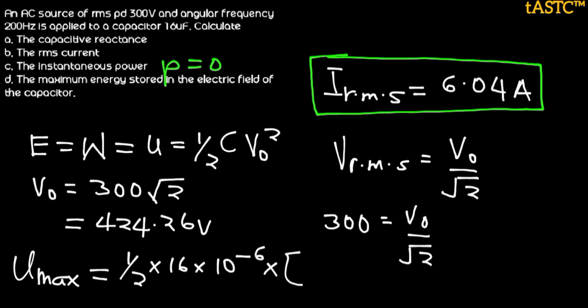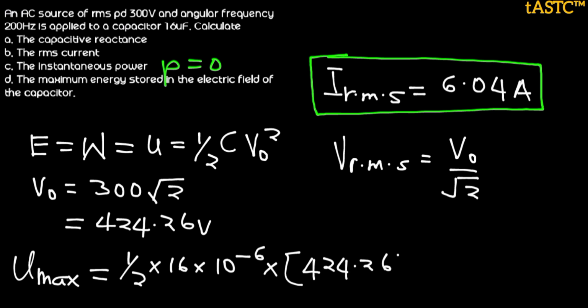Now we got V0 as 424.26, so this ought to be squared.